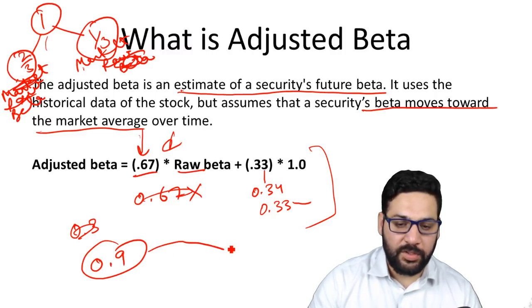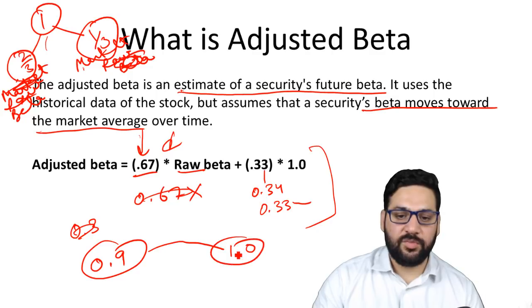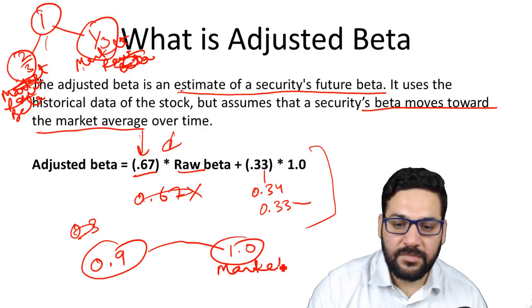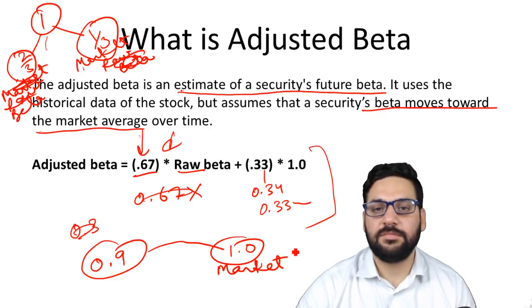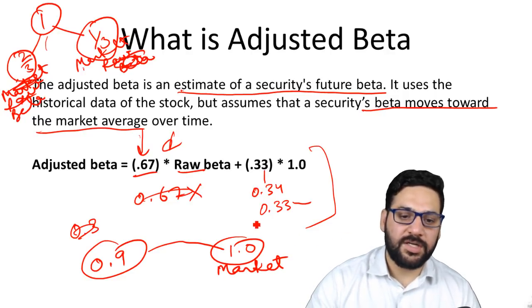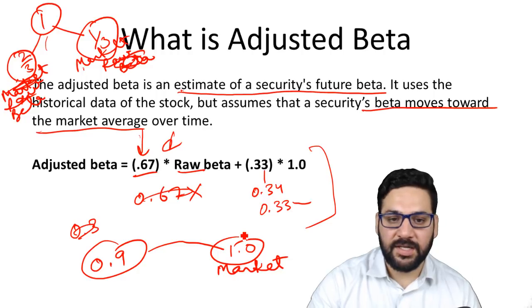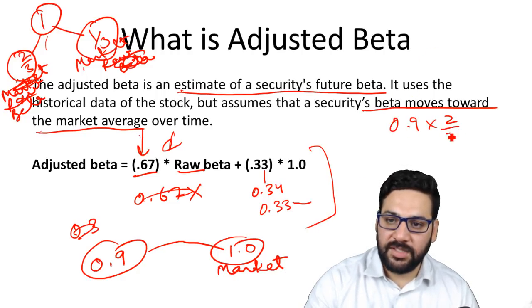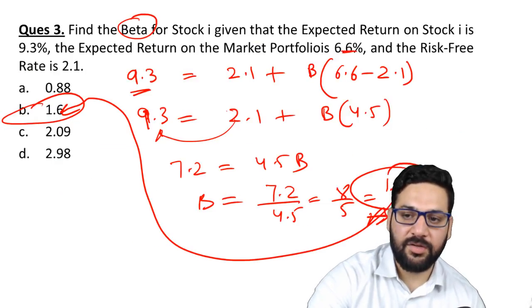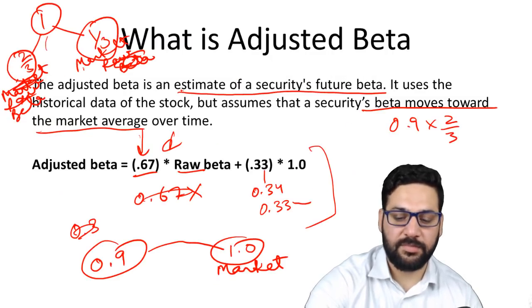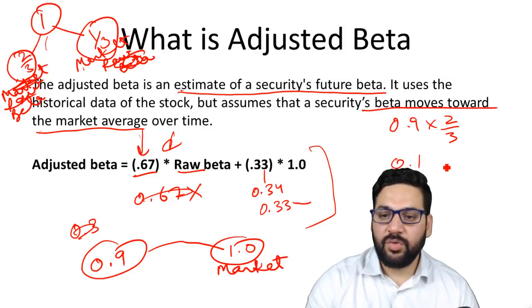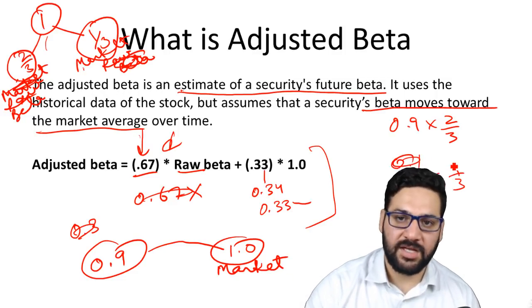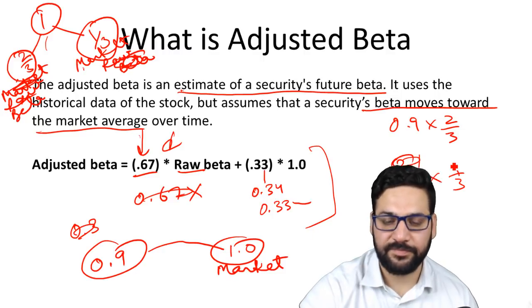In the future it is going to be closer to 1.0. Why 1.0? Because this is the market portfolio's beta. That is why we gave 2/3 to the raw beta. If today it is 0.9, we gave 2/3 of that. And the market beta, which is 1, sorry for that, we gave 1/3 to it, and took a weighted average. OK, that is so simple.